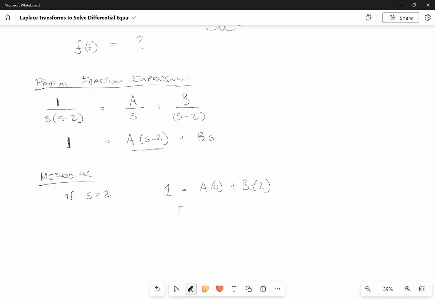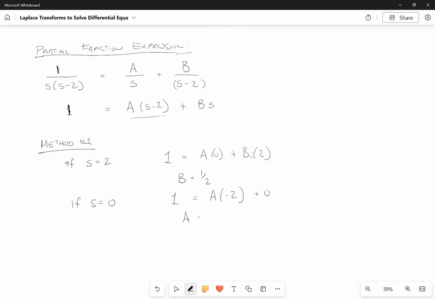So that means that B equals 1/2, right? And then if s equals 0, then 1 is equal to A times negative 2, because B times s would be 0. So that means that A is negative 1/2. Okay, that's one way to solve for A and B.